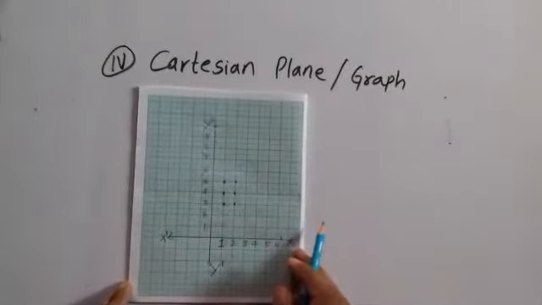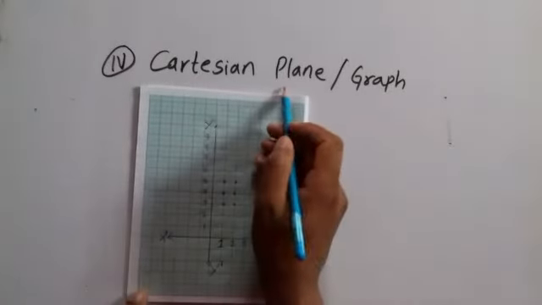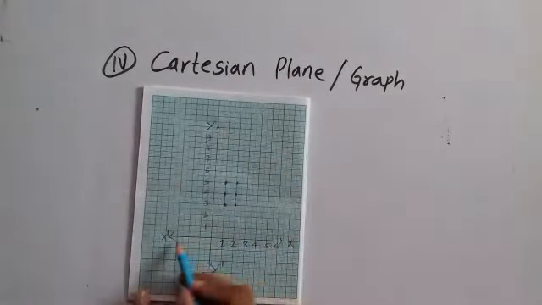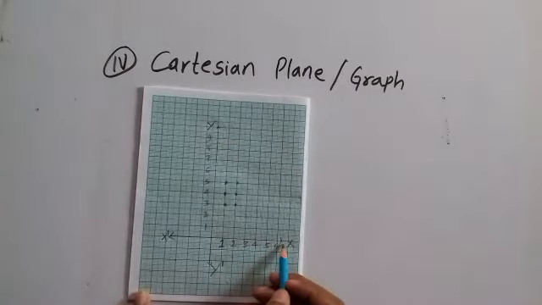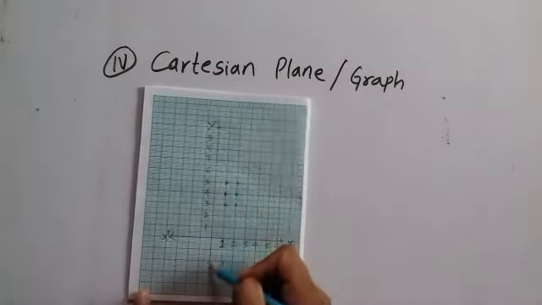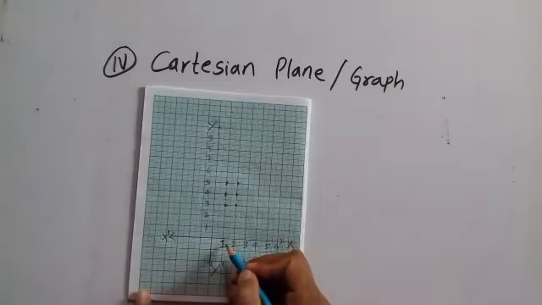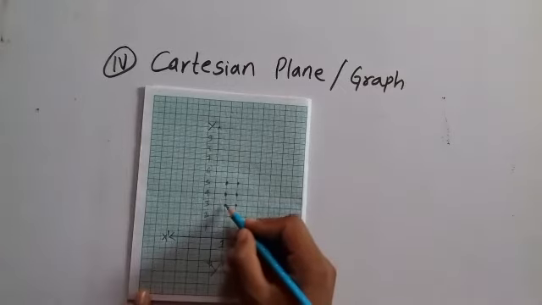For representing Cartesian product in Cartesian plane or graph, we have to draw the Cartesian plane first, then we plot all the ordered pairs in the graph as shown here.